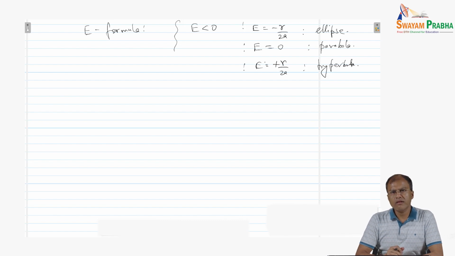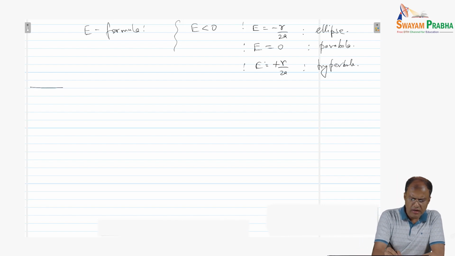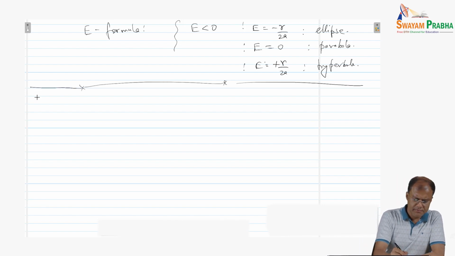So let us look at this brief theory with an example. We have an example of an asteroid deflected by the sun.